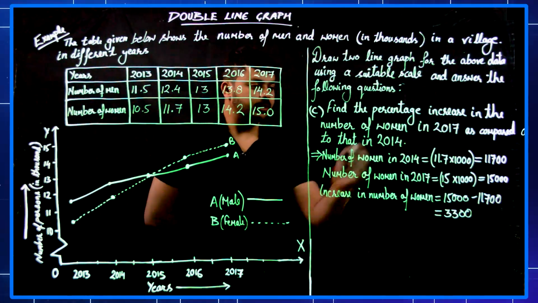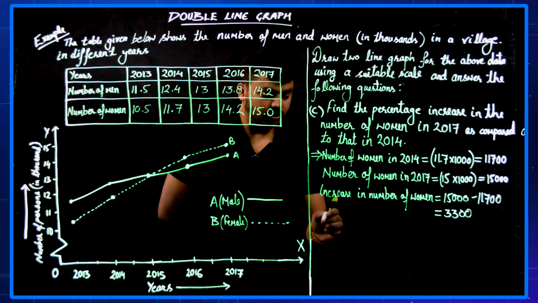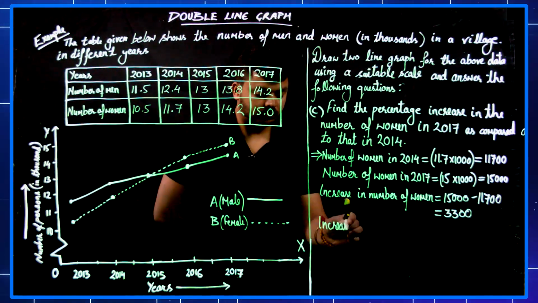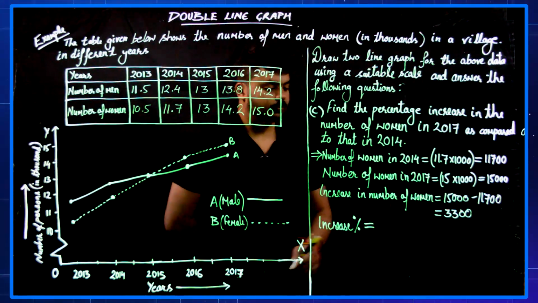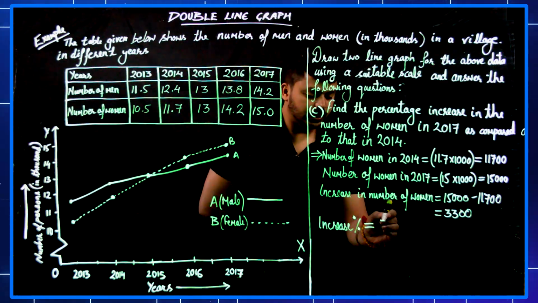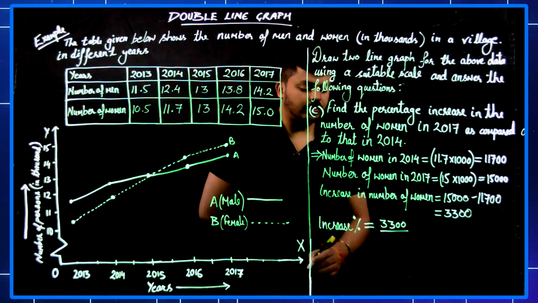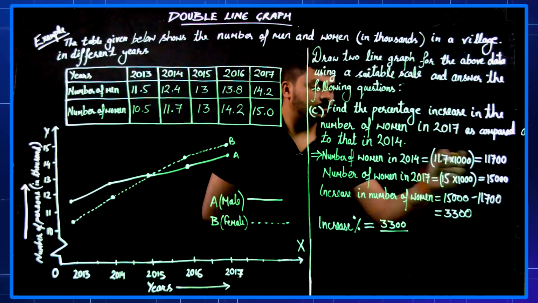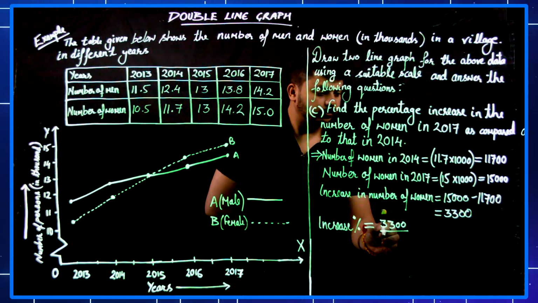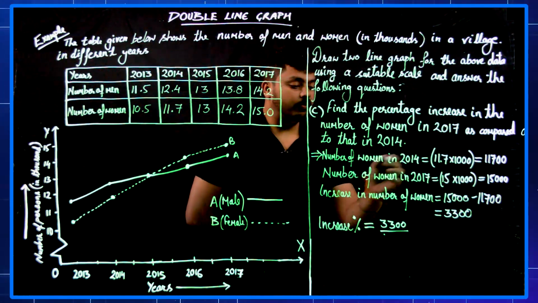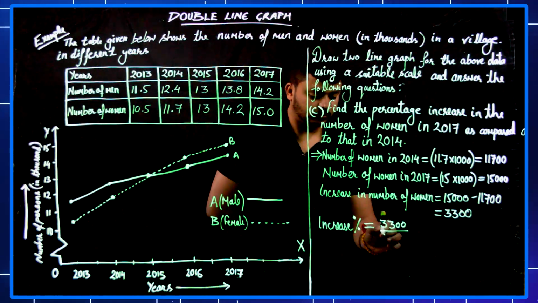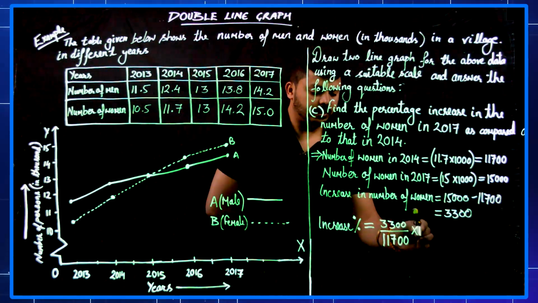So the increase percent as compared to that in 2014 equals the increase in number, that is 3,300, divided by the number of women in 2014, that is 11,700, multiplied by 100%.